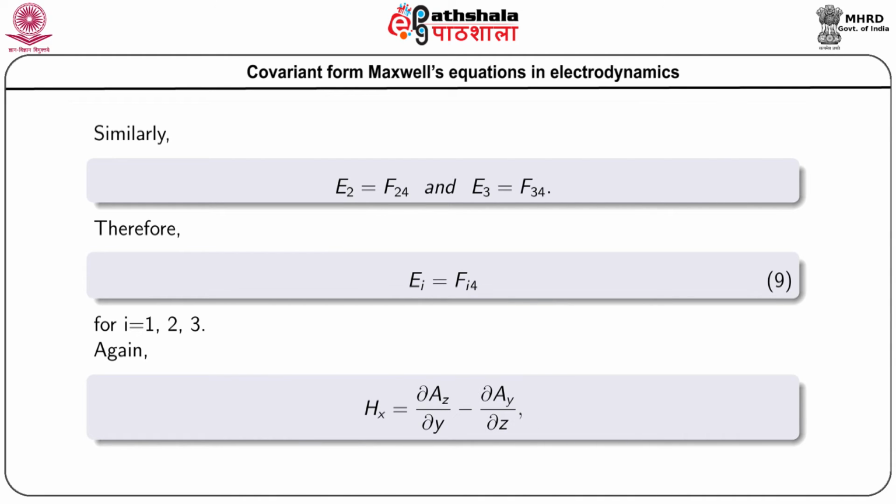Again, H_x, that is the magnetic field, can be expressed in this form: del A_z by del y minus del A_y by del z.